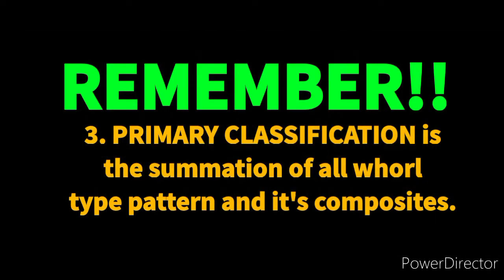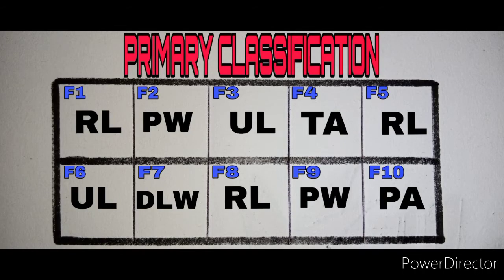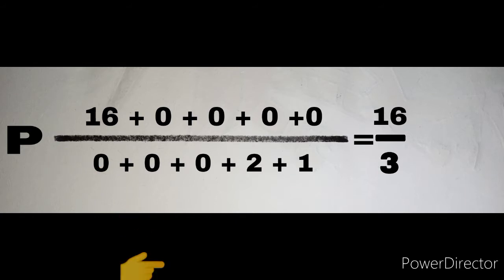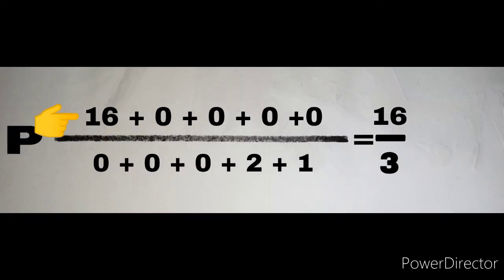Remember, primary classification is the summation of all whorl type patterns and their composites. Even numbers are numerators, and odd numbers are denominators. Finger 1, radial loop, 0, place to denominator. Finger 2, plain whorl, numerical value 16, place to numerator.